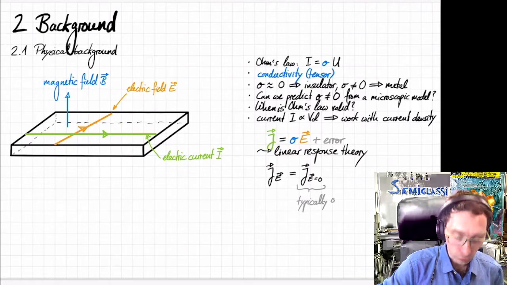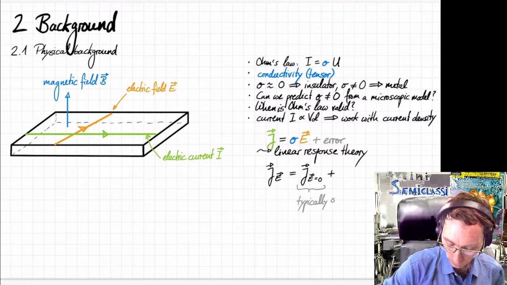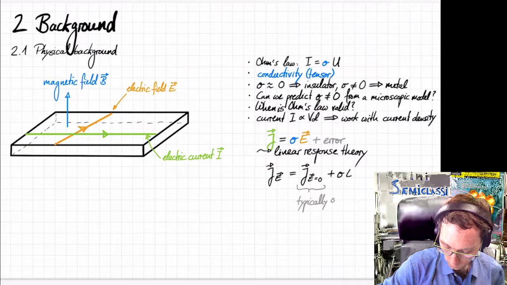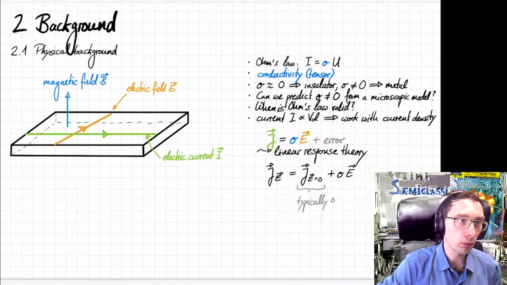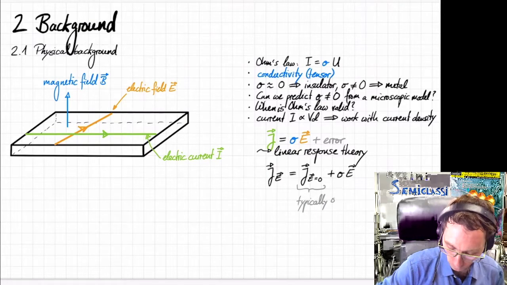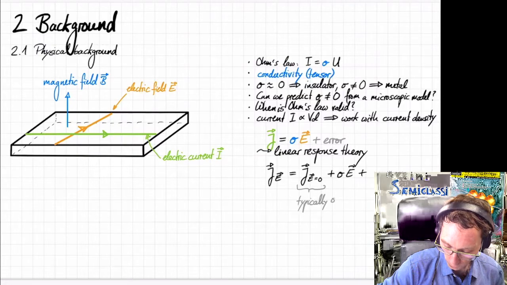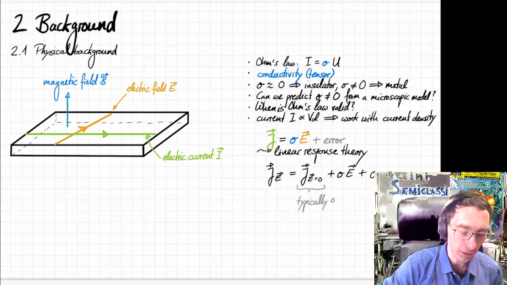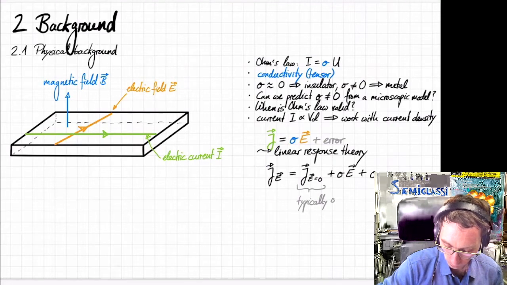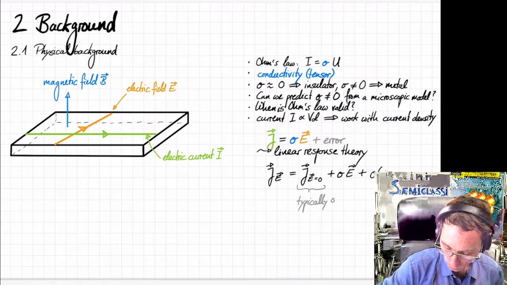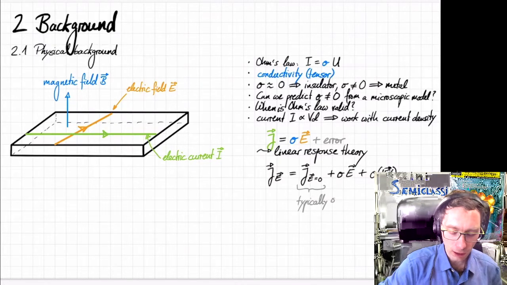Then I get the linear term, which is the one above. And in principle, I could also derive higher order terms, or I could just say this is small o, so I have to be careful to distinguish this from the sigma, in the electric field.